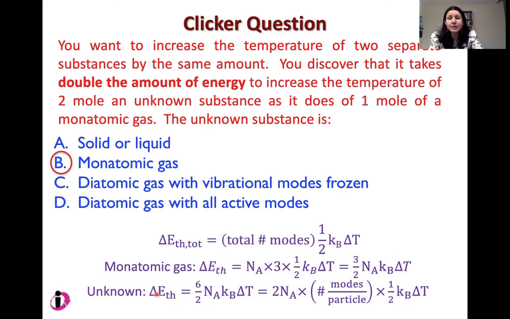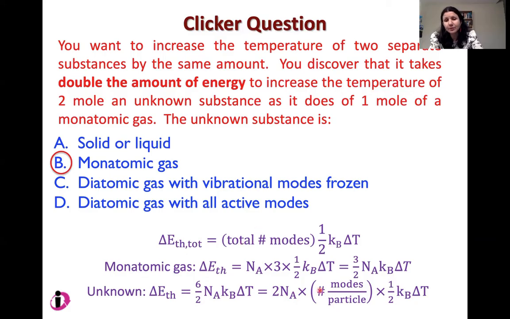Now for the unknown substance, we know that we added double this energy. So 6/2 N_A kB delta T.